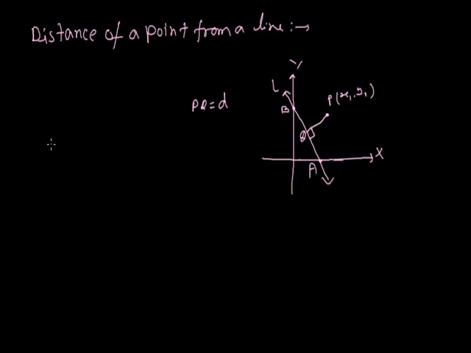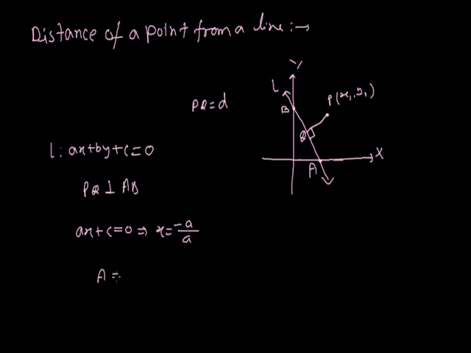Now, suppose the equation of line L is ax plus by plus c is equal to 0. We know that PQ is equal to d and PQ is perpendicular to the side AB. Now, at point A, the y coordinate is 0. So here we can find point A like this: ax plus c is equal to 0, which implies x is equal to minus c by a.